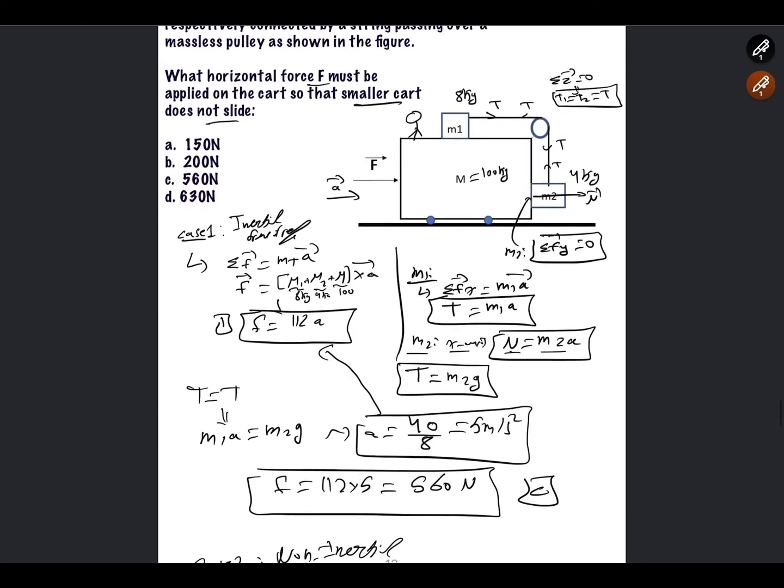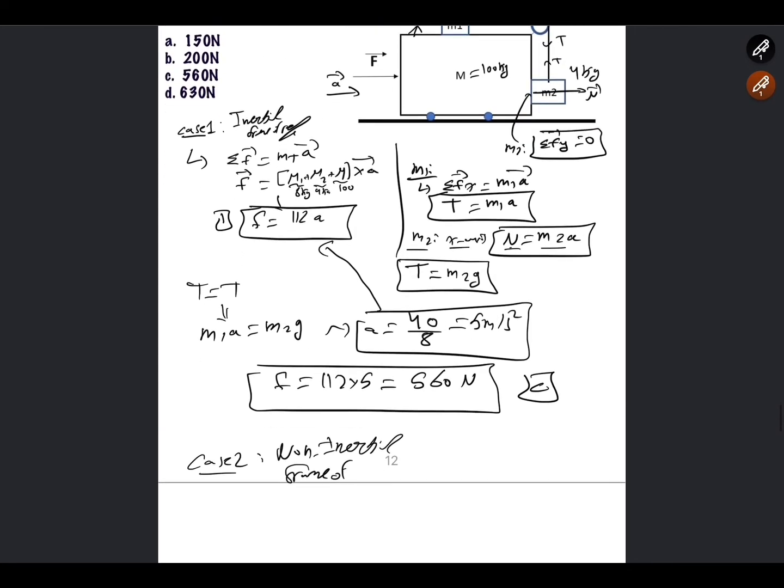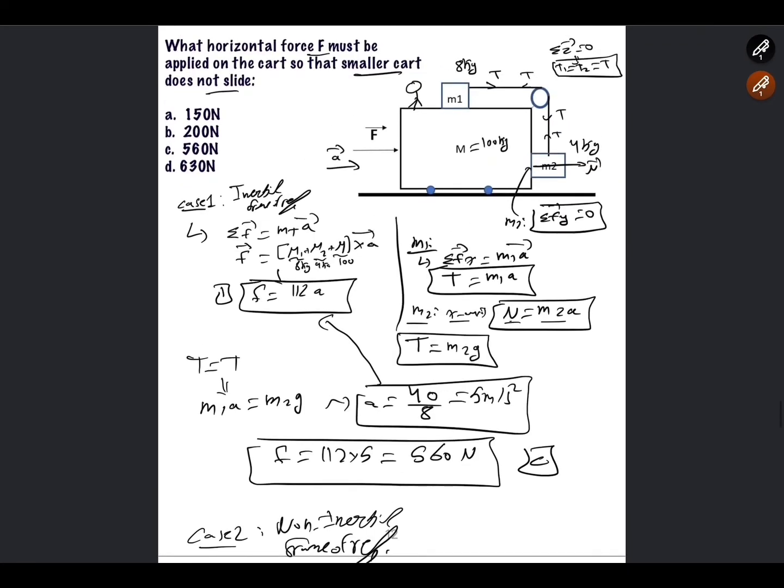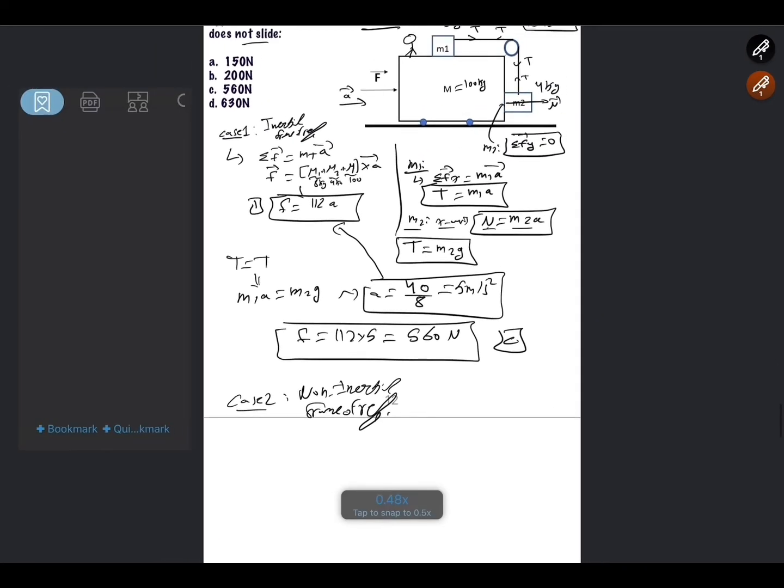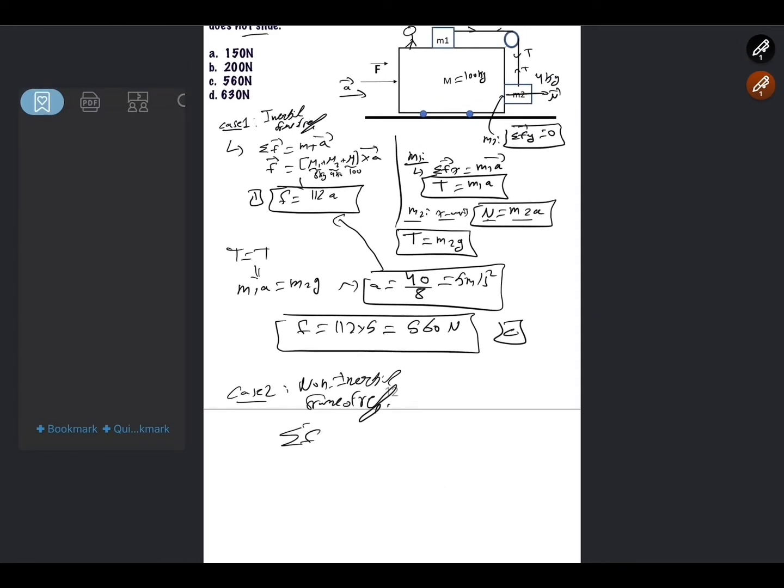Then of course, we have summation of forces equal to M total a. We mean by that the force equal to 112a. We have this formula.